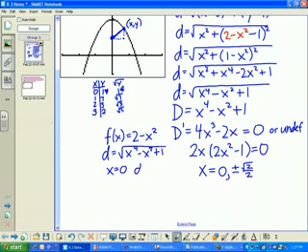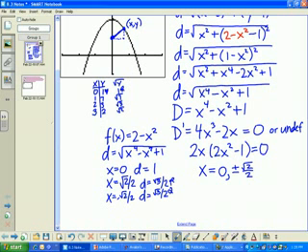So if the x is 0, the distance would be 1. If x was square root of 2 over 2, the distance would end up being square root of 3 over 2. And if it was negative, the distance would still be the same. So the smallest two distances will be at these 2 points.